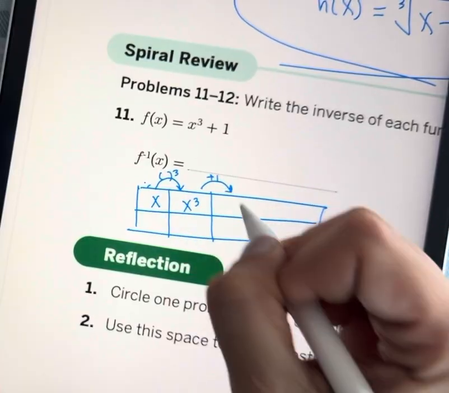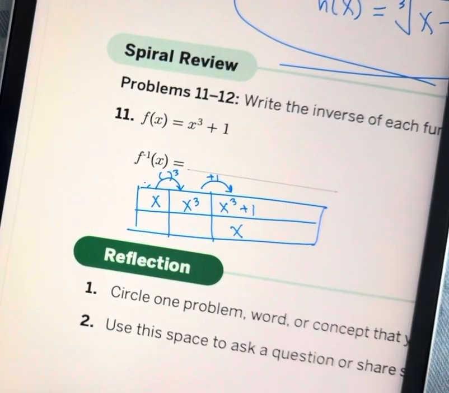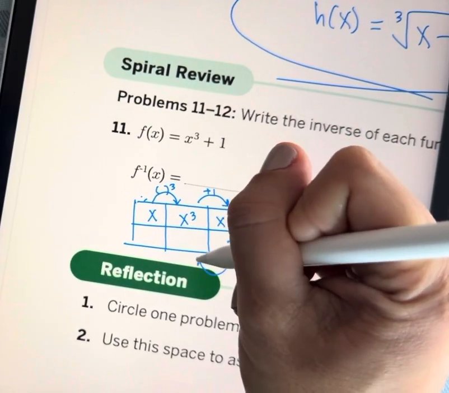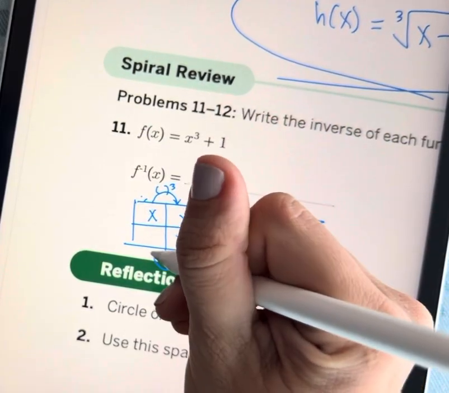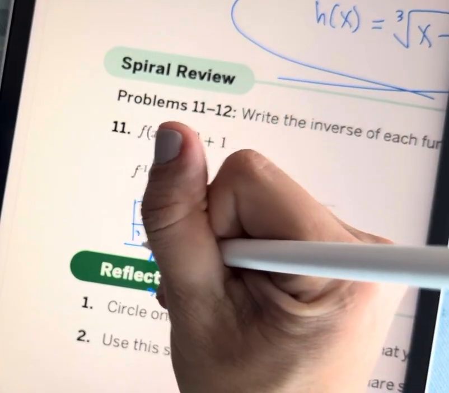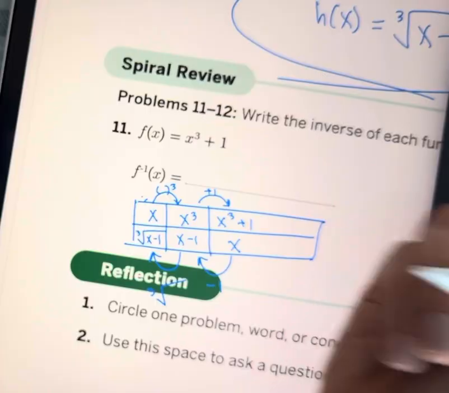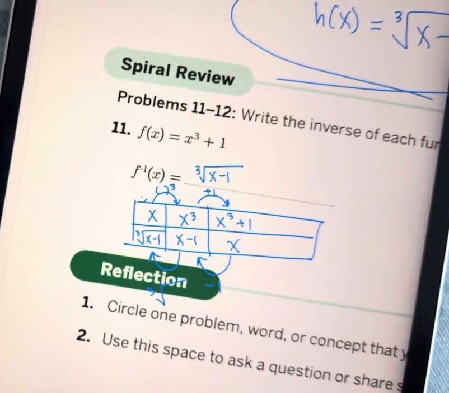Plus 1. So now we reverse it. X. Let's do the opposite of that. Minus 1. And let's do the opposite of the cube. Cube root. And there's the inverse. Cube root of x minus 1.